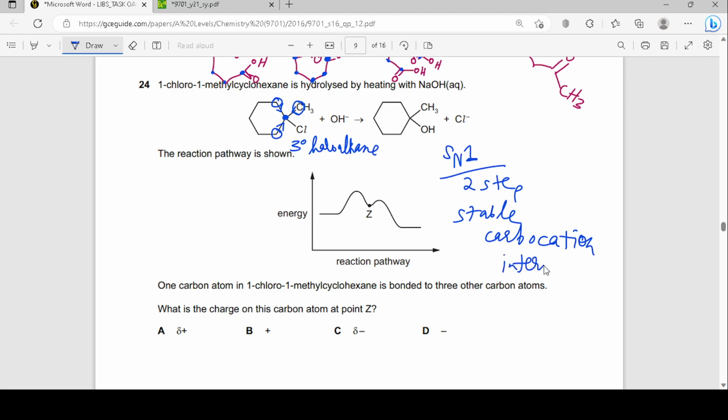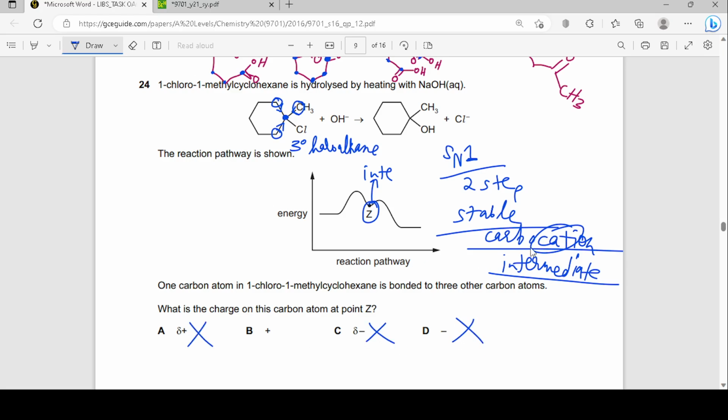Okay, and looking at the reaction pathway diagram, this point is represented by the intermediate, and as I mentioned, it's a stable carbocation intermediate, which means it's positive. It's going to be a positively charged intermediate, so it cannot be C or D, and it does not have a partially positive charge either. It's an intermediate, not a transition state. It has a full charge, and so the answer is going to be B.